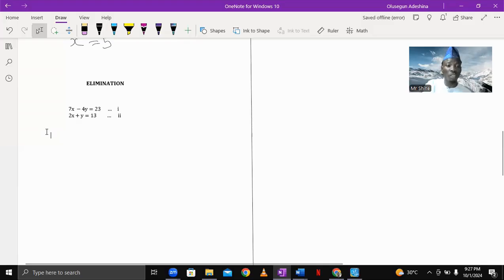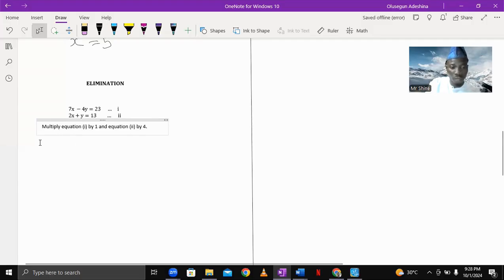So what we are doing now is that we are multiplying equation 1 by 1 and equation 2 by 4. So let's see how that goes now.